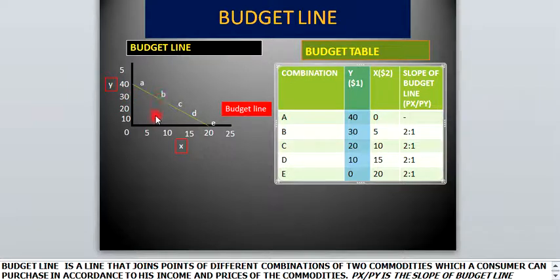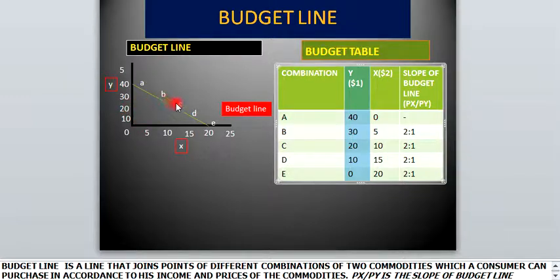That is for B, where we have 5 of X. So when we have 20 of Y, then we have 10 of X.